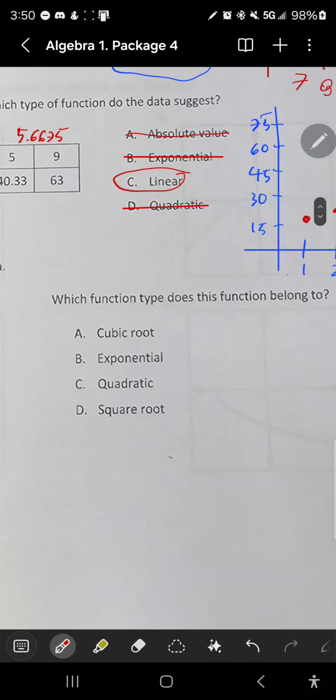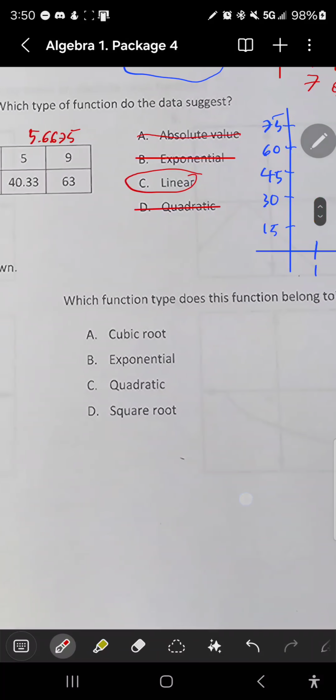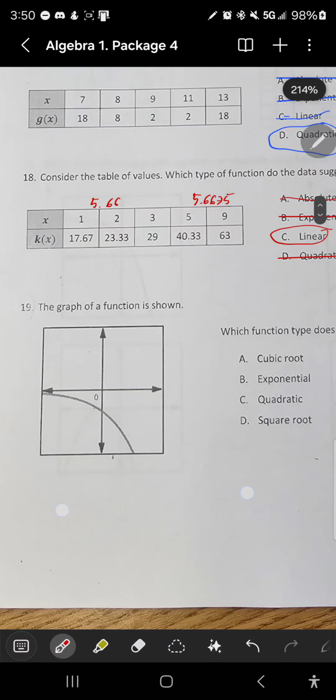So which type of function does this function belong to? Let's see. Well, the first thing I can see is that it is not a square root, because we are having a negative result here. It is overlapping between the two regions.